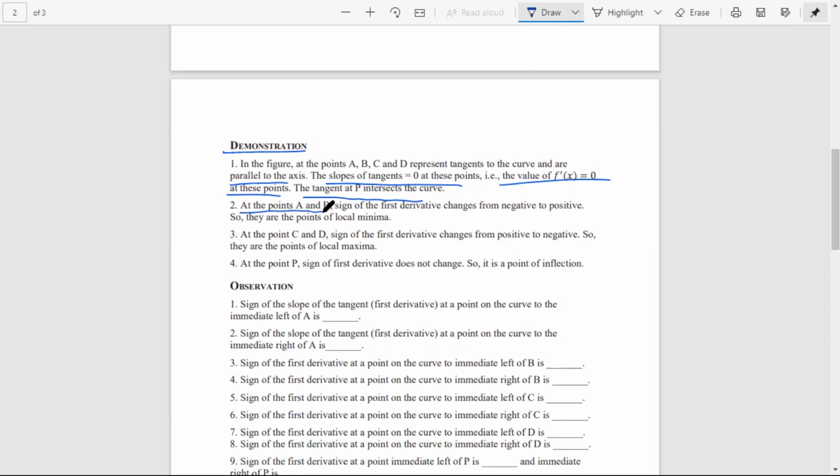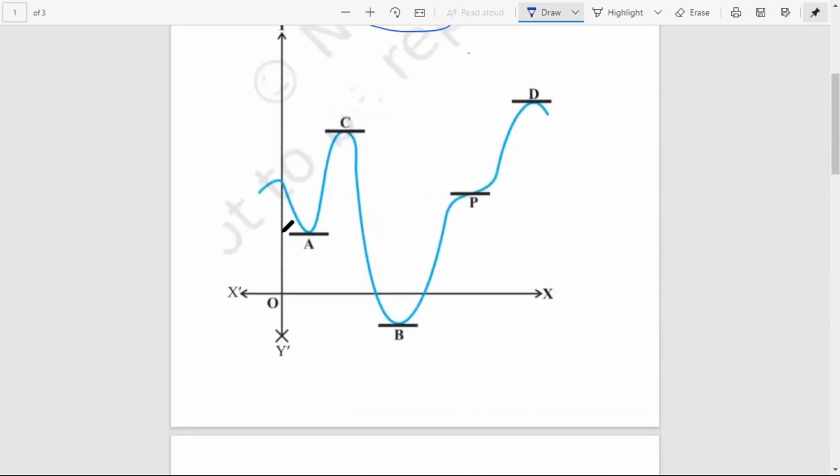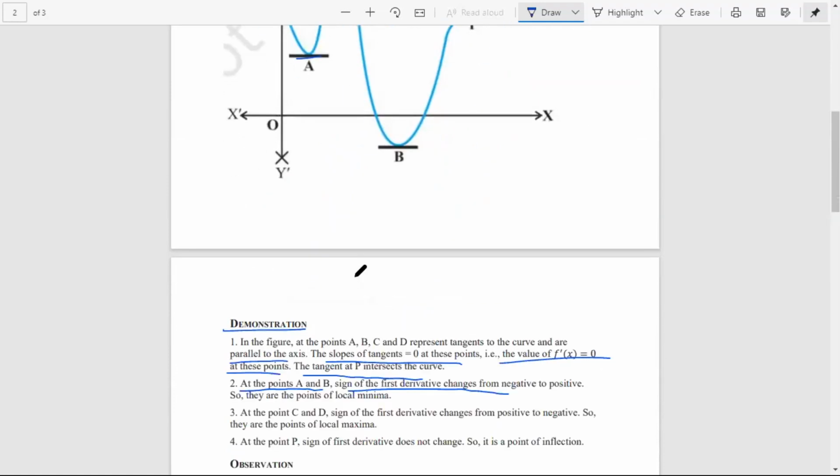At points A and B, the sign of the first derivative changes from negative to positive. Right? You can see negative to positive, from A to B. Obviously here it is decreasing then increasing, negative to positive. You all understood, right?